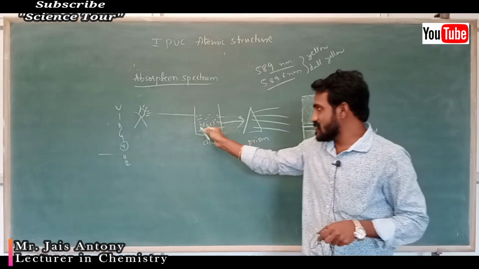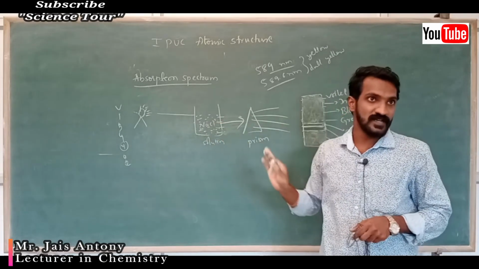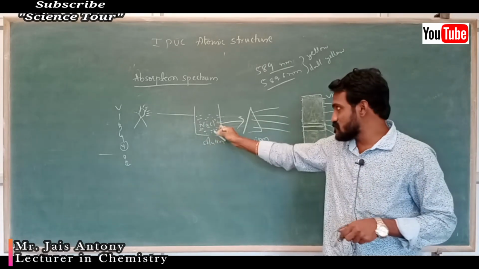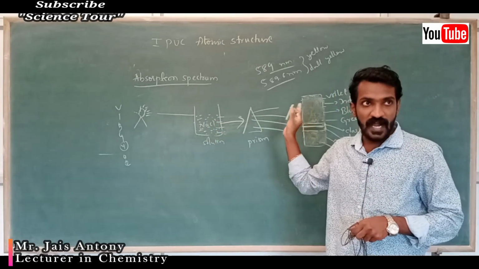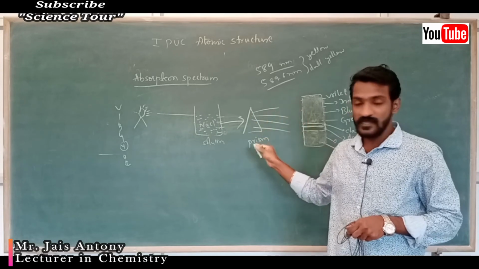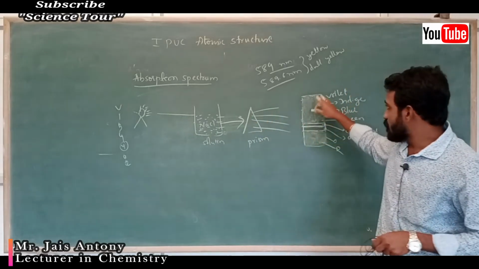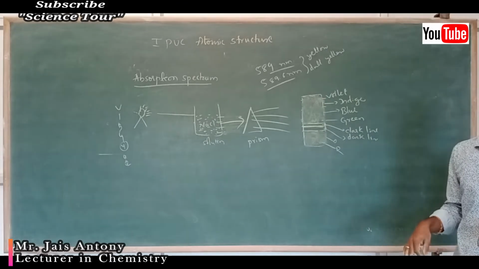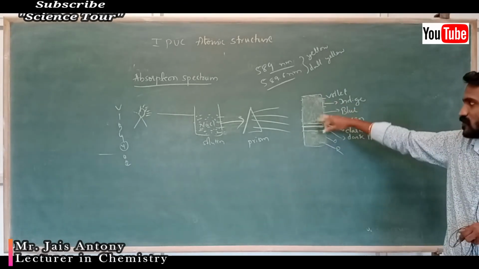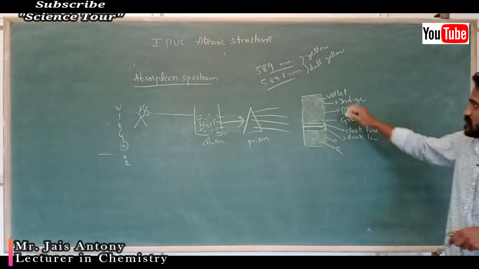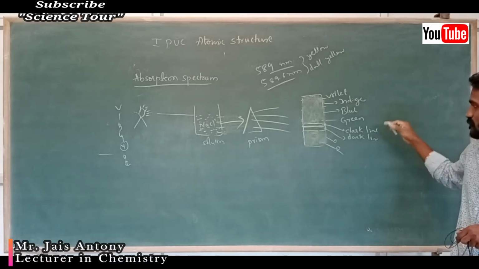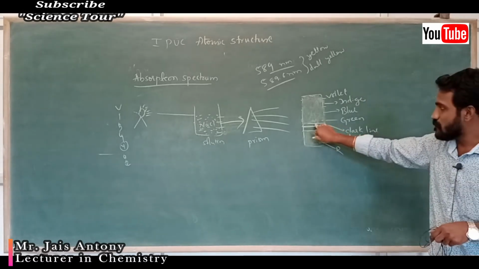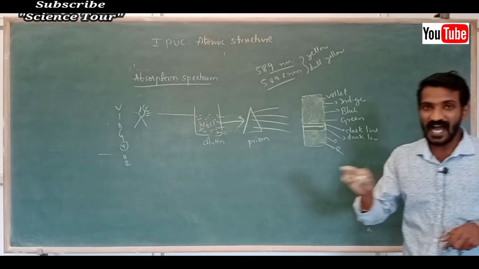After that the remaining colors get transmitted through this solution and pass through a prism, and it gives a pattern of color bands, arranged according to the spectrum. Here you can see violet, indigo, blue, everything is there, but in the place of yellow, two dark lines.